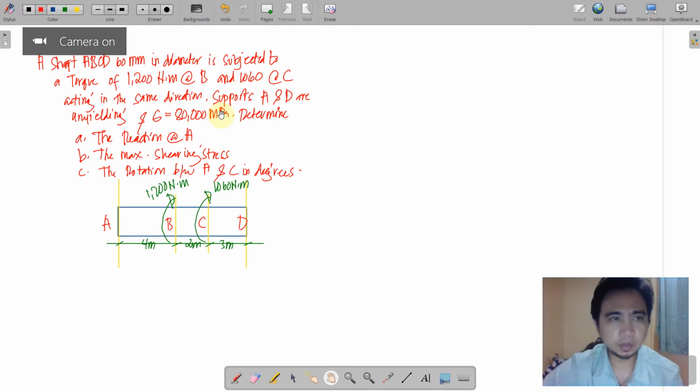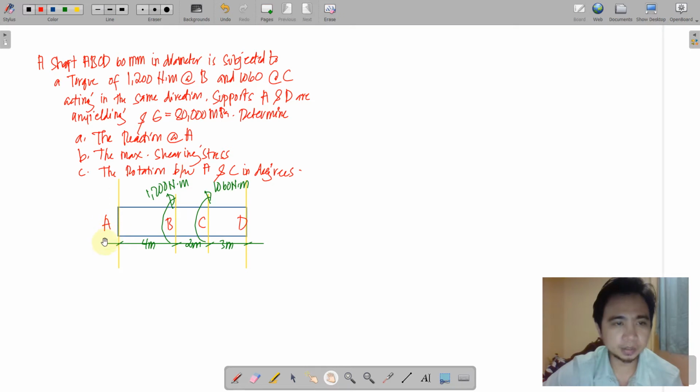Okay, moving on to our next problem. We have here a shaft ABCD. As we can see in the figure, it is restrained at both ends, A and D, meaning it is prevented from a certain displacement in terms of angular displacement.